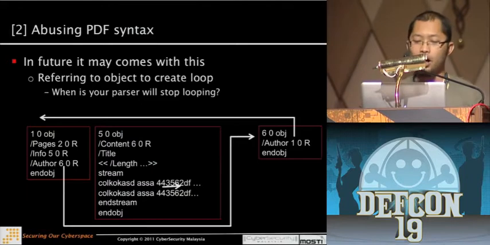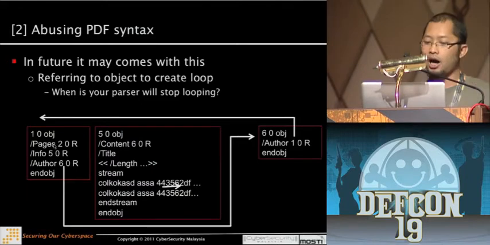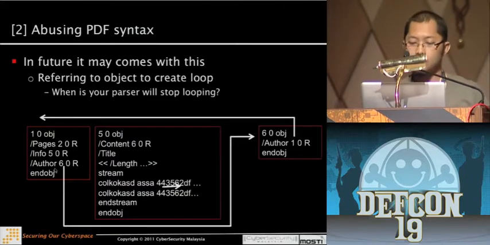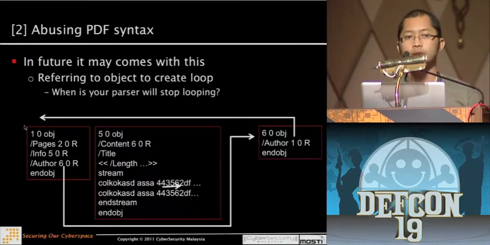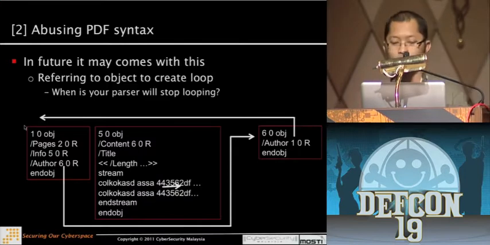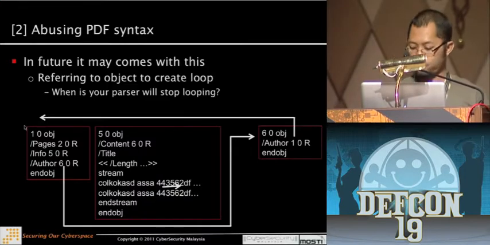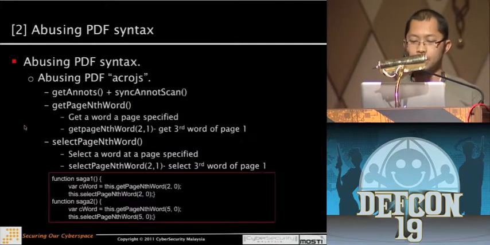For example, you have object 1 that has a dictionary for author, which is pointing to object 6 over here, and object 6's author is also pointing to object 1. If you open it with any PDF application, it may stop. But if you're building your own parser, when are you going to stop your loop, right? So that will be interesting to see when we should stop.